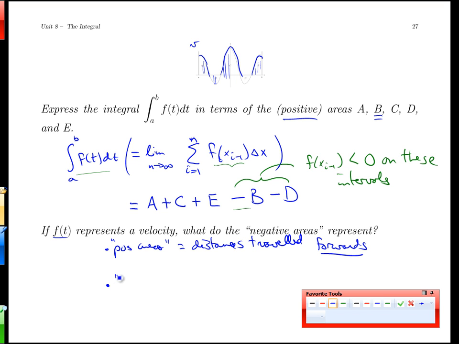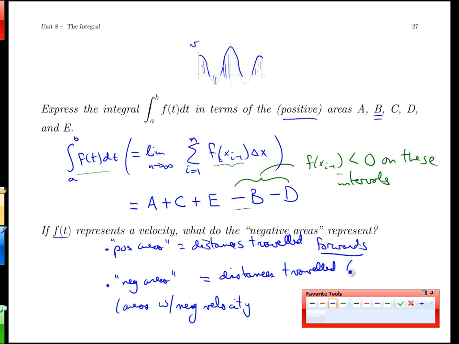And if we had the negative areas, or the areas, more importantly, areas with negative velocity, that's really what we're talking about here, those would be distances traveled. Take a big guess. Instead of being forwards, those would be distances traveled backwards, or to the left, depending on how you set up your axes. Let's say right or left.